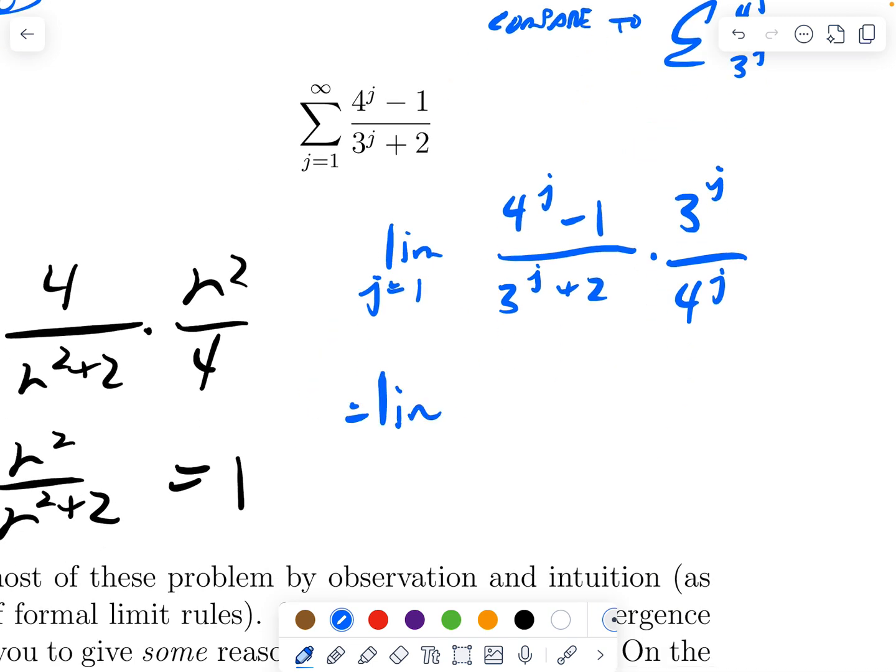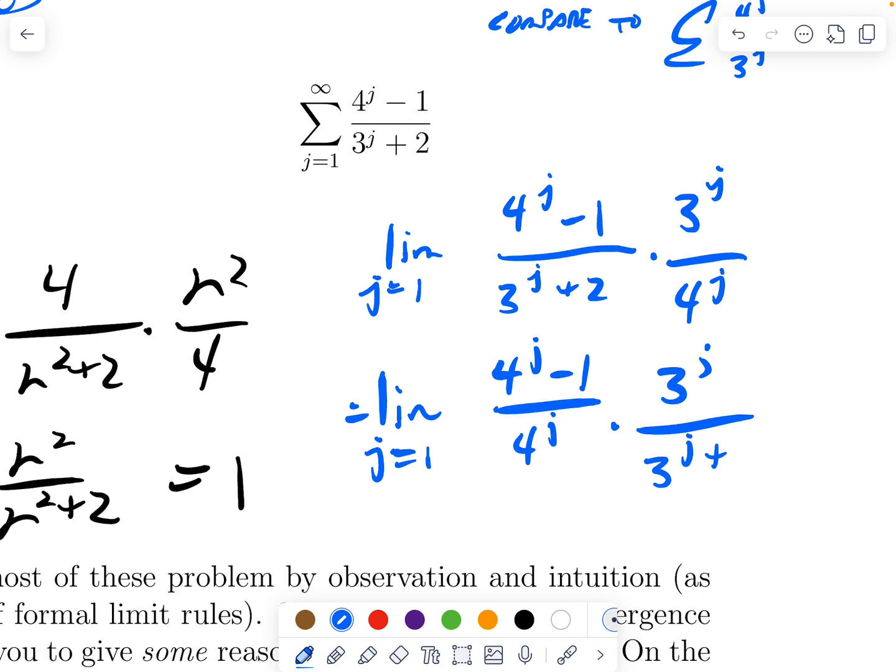And if we want, we could switch the order here. This -1 doesn't matter. This fraction is 1 in the limit. This fraction is 1 in the limit. Oops, sorry, I put the +2 in the wrong place.